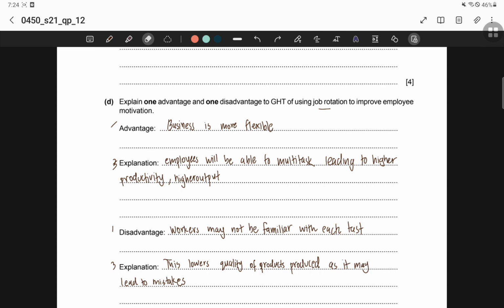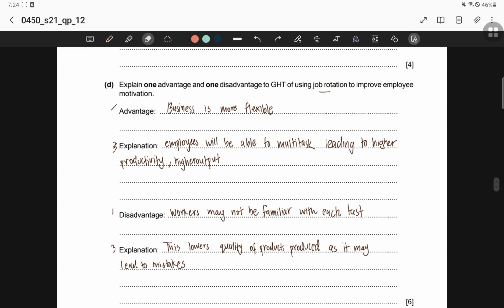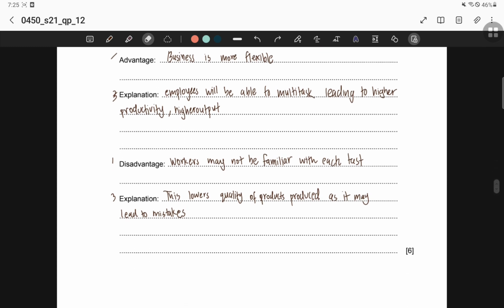So the explanation for the advantages: employees will be able to multitask, leading to higher productivity and higher profit. You could also write business easier to cover, replace others when someone is absent, because most employees will be able to perform the other tasks apart from their own, so that will be helpful.